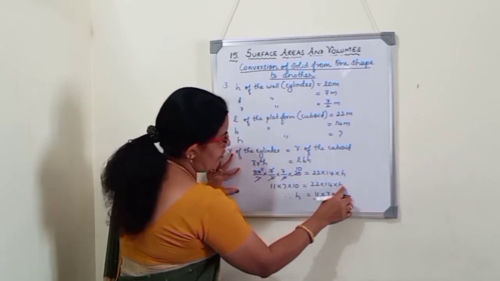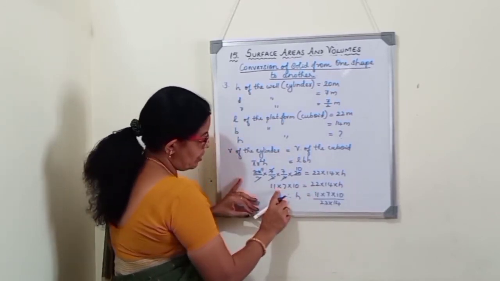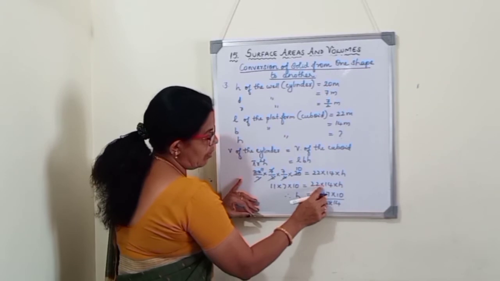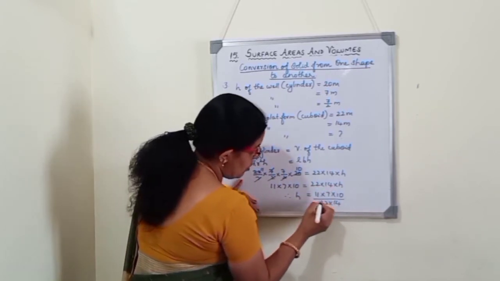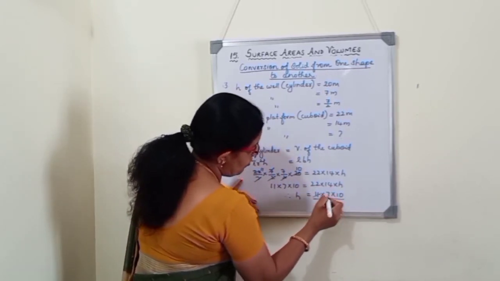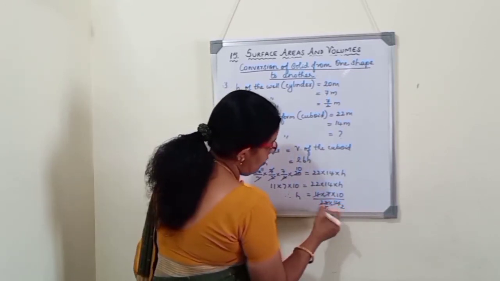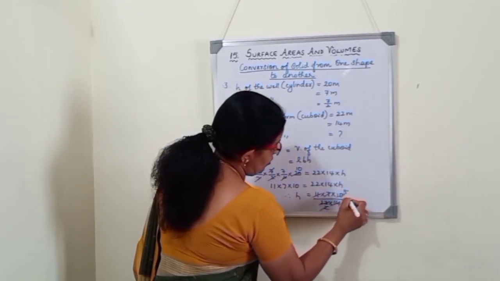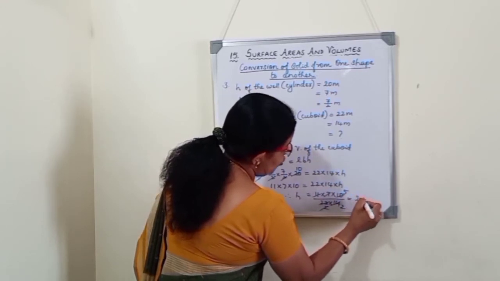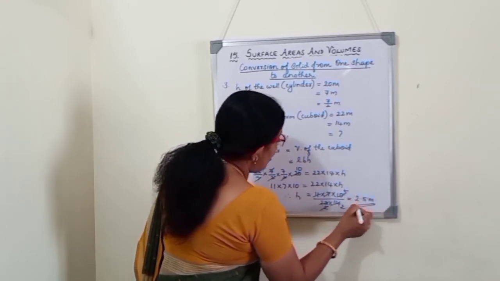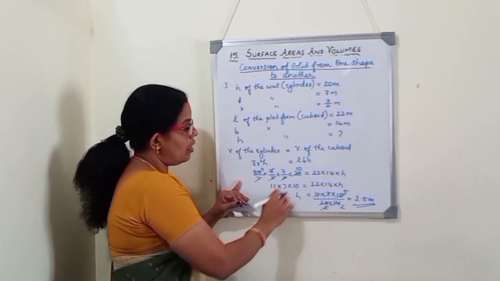Whenever we find the variable, the number which is opposite to the equal sign is divided by the number along with the variable. So 11 2s are 22, 7 2s are 14, we will get 10 by 4. Again when we cancel, 5 by 2. So 5 by 2 is equal to 2.5 meter, the height of the platform or the cuboid.